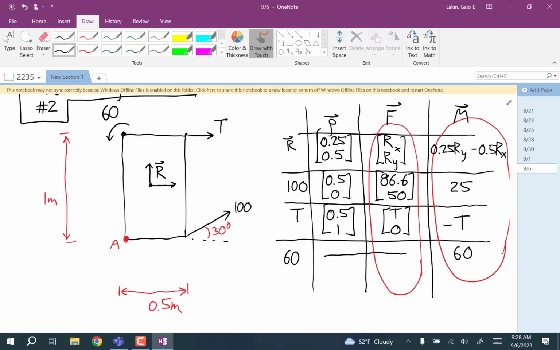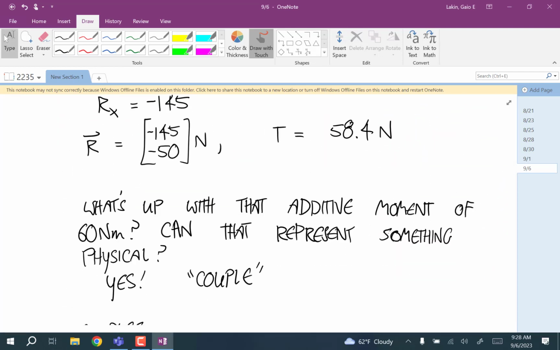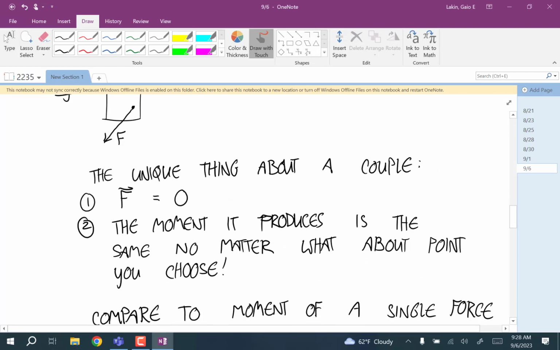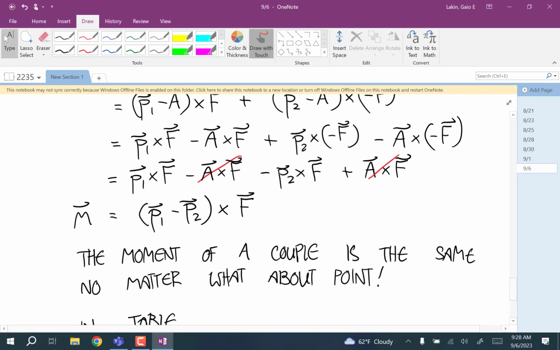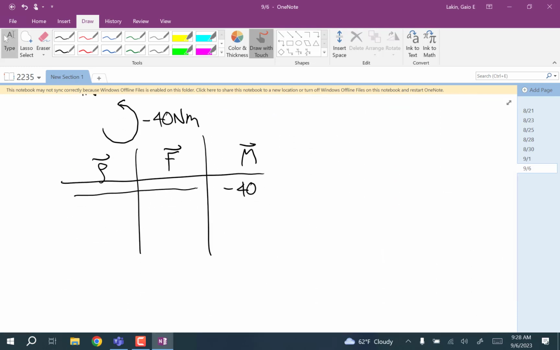When do couples come up? Well, what we're going to talk about next is joints. And anytime a joint keeps a body from rotating, it's applying a couple.